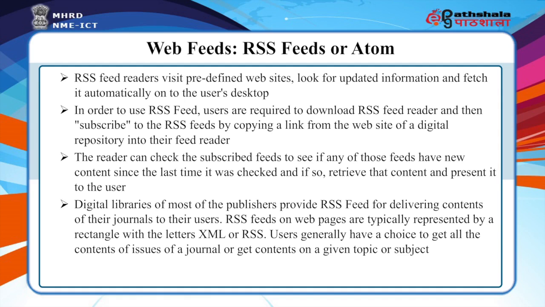RSS feeds on web pages are typically represented by a rectangle with the letters XML or RSS. Users generally have a choice to get all the contents of issues of a journal or get contents on a given topic or subject.